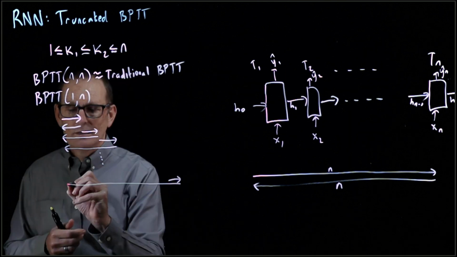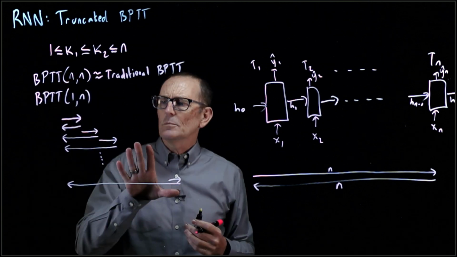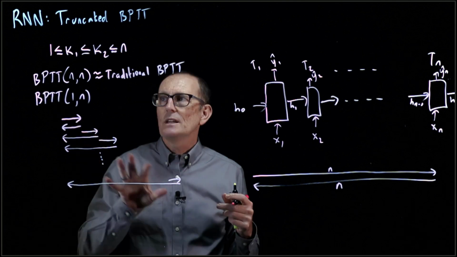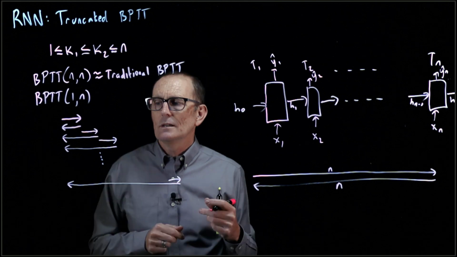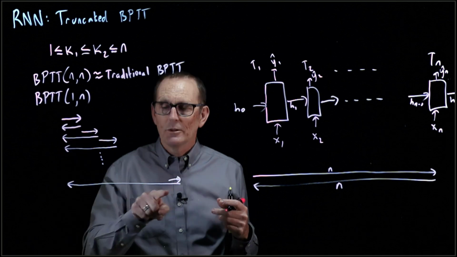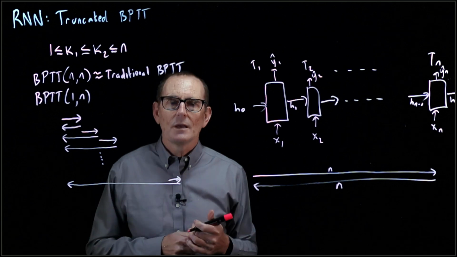n time steps back. So if we look at this approach, we are doing cumulatively n forward time steps. So that's just the same as in our traditional BPTT. But we're actually doing 1 backward time step, 2 backward time steps, 3 backward time steps, all the way to n backward time steps, which is order n squared backward time steps.